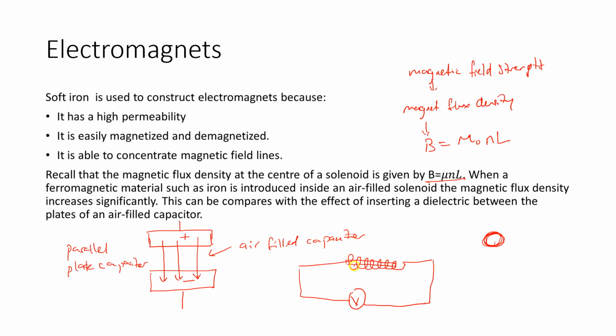Prior to me putting the ferromagnetic inside of the solenoid here, there was basically air inside of it, right? Now, what we're saying is that if we were to include what we call a dielectric in between the plates, some different type of material, for argument's sake, let's just say lead.